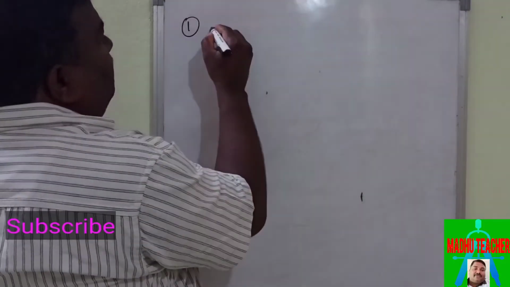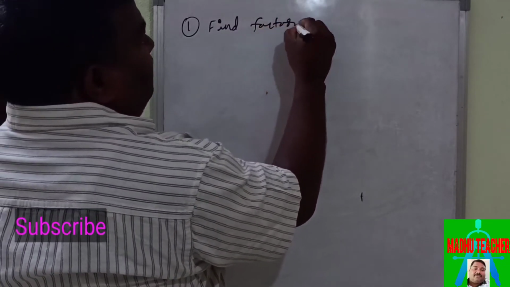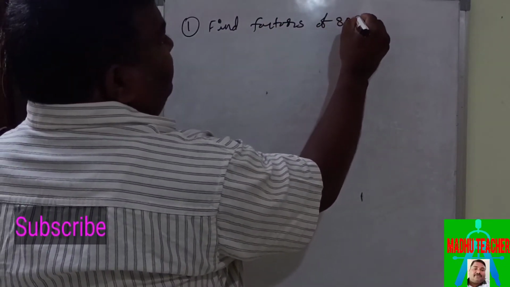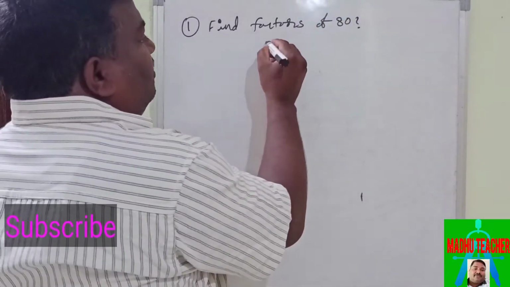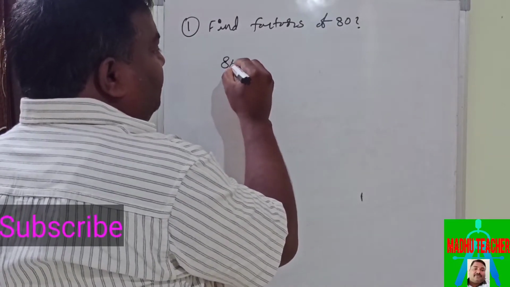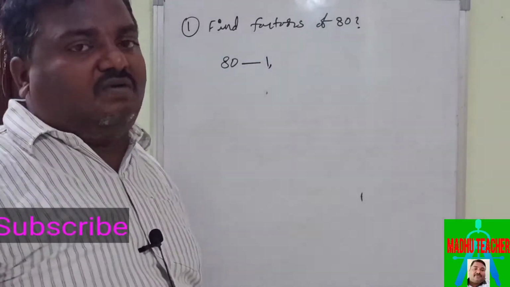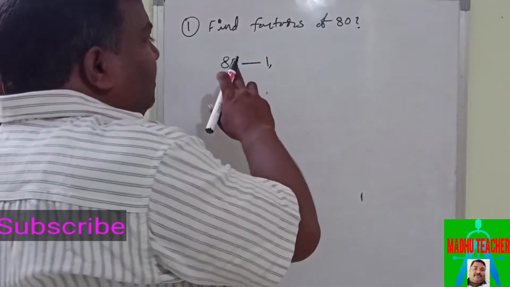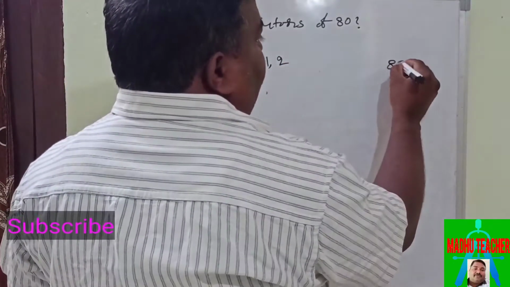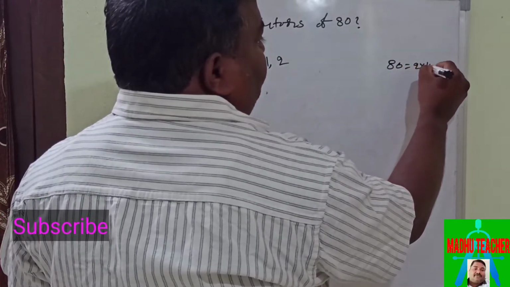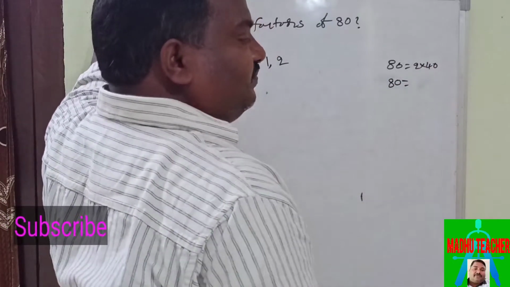Let us see one problem. Find factors of 80. Every number is divided by 1, or 1 is a factor of all numbers. 80 is divided by 2. So 80 you can write as 2 into 40. We cannot write 3 into something.